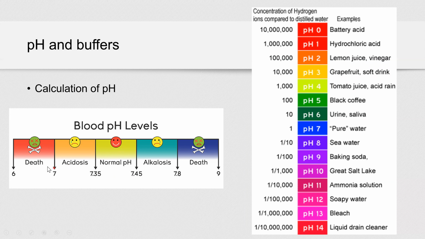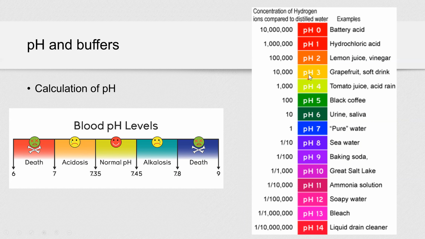And if it's below 7, it's death of the organism. And if you go above, then it's called alkalosis, and above 7.8, the cells start dying. Right, so that means it's absolutely critical to have a constant pH of your blood, of your tissue fluids, and your intracellular fluids, because changes in the pH can kill your cells, and as a result, kill the whole organism.